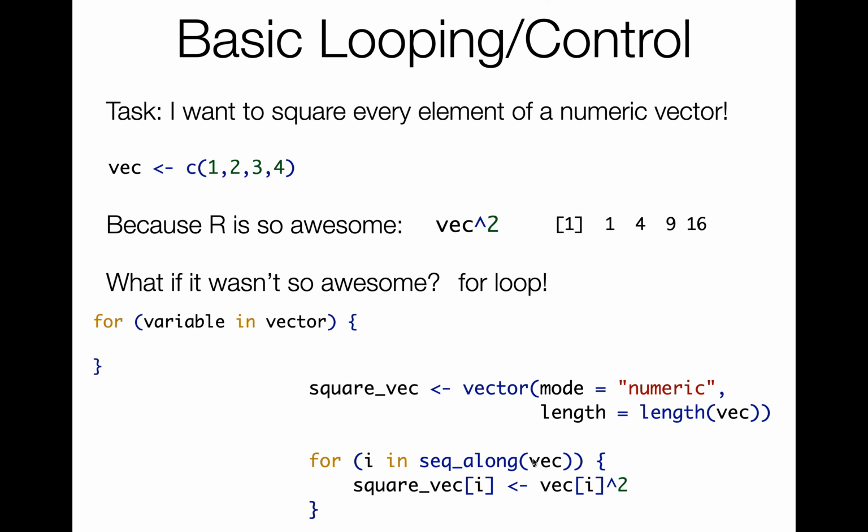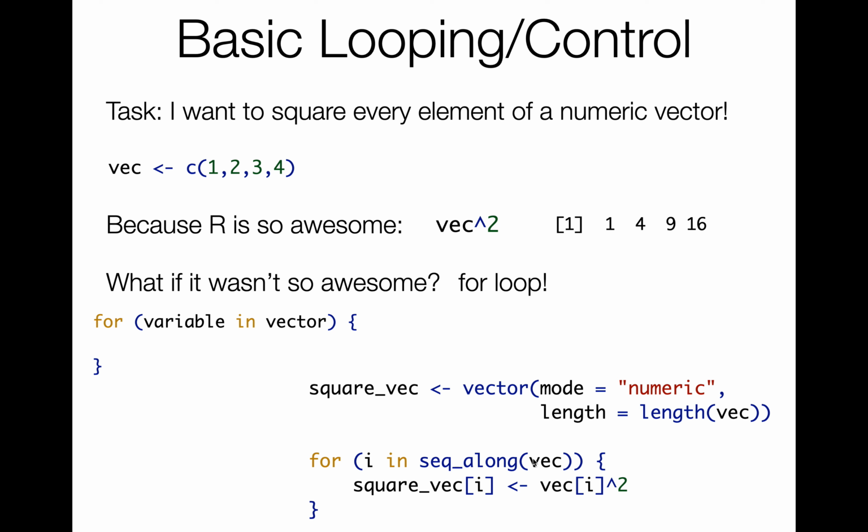Square vec is a vector, and then down in the for loop, you see I say for i in, and then I have the original vector, and then I use a function called seq_along. Seq_along is a nice function that's often used in a for loop, and it creates an integer vector of the same length as the vector you feed it.